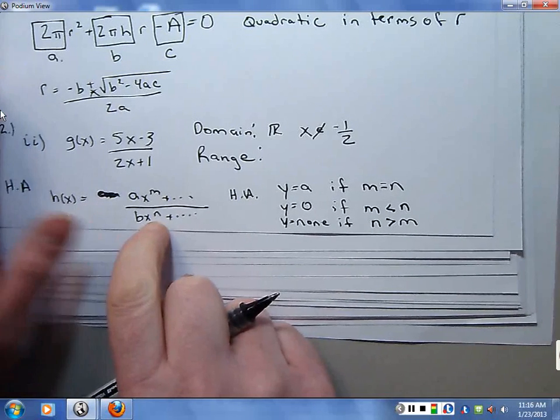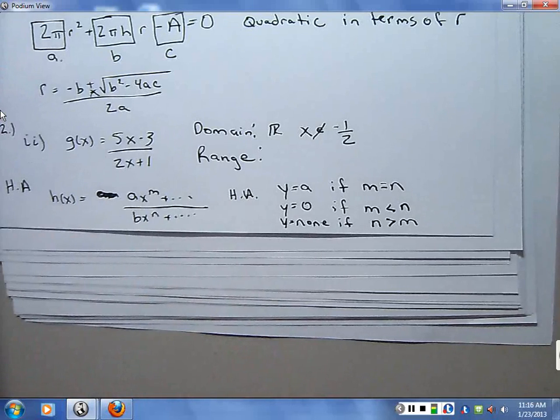there's not. So we can think of an example. y equals x squared, right? It has a larger numerator degree, and I don't have any horizontal asymptote. I could say cubed if you really want to look at one that has no horizontal asymptote.